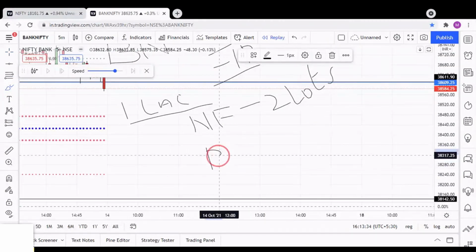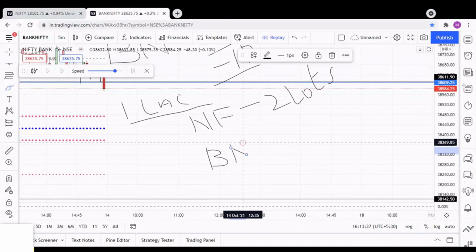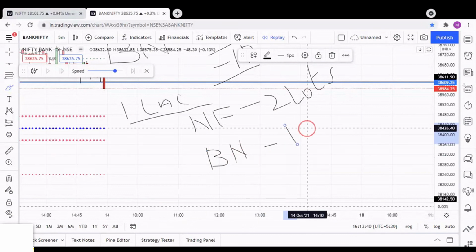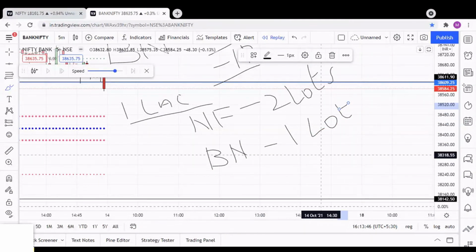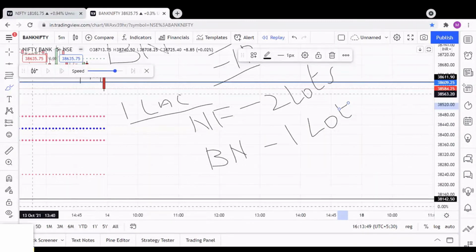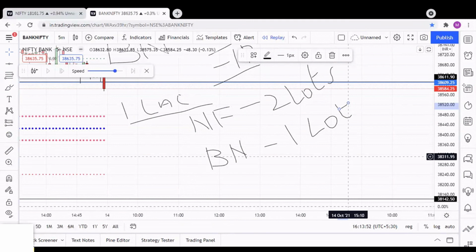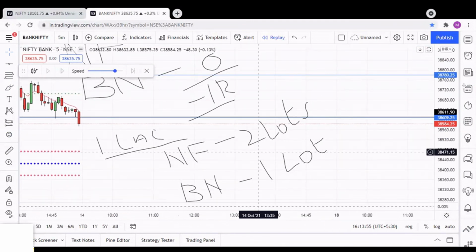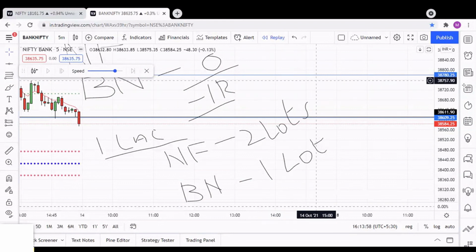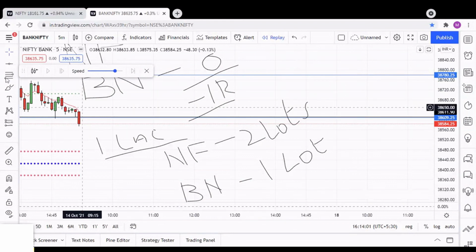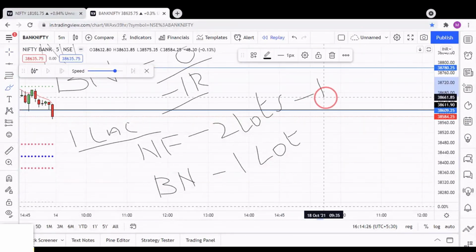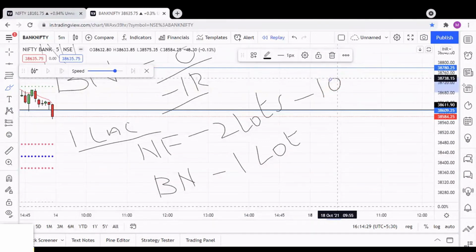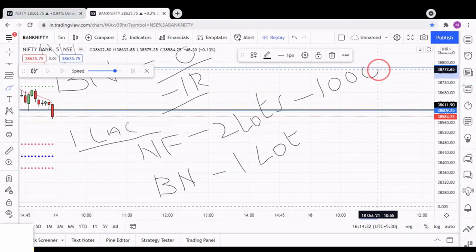In Bank Nifty, you can go for 1 lot. Here today in 2 lots we made a loss of 1R. So 1R is nothing but 1% of the capital. So it should be around 1000 rupees. Our loss should be.